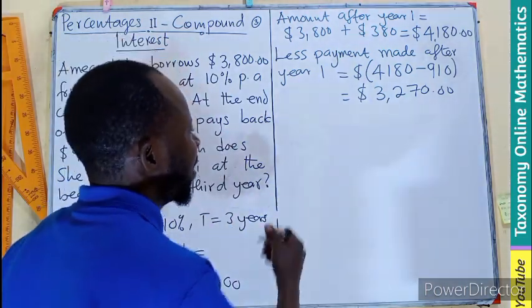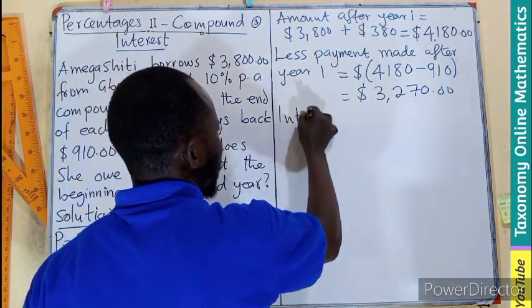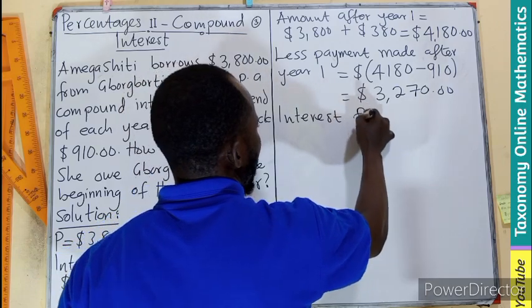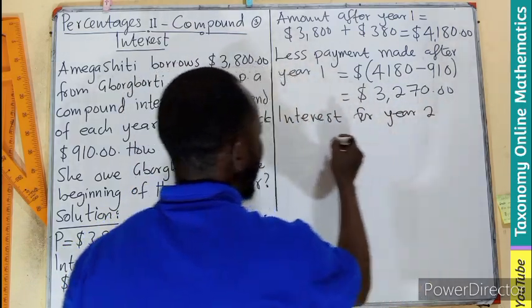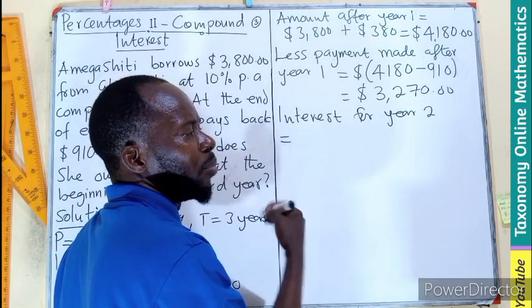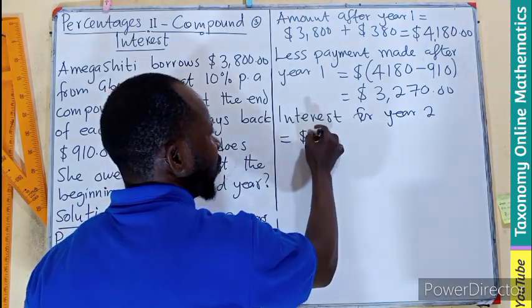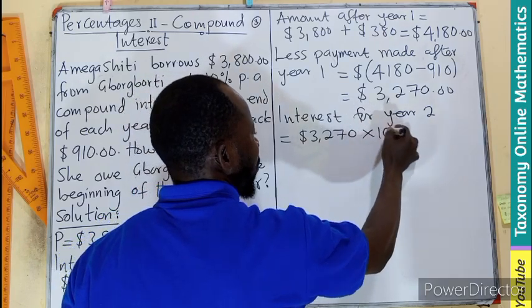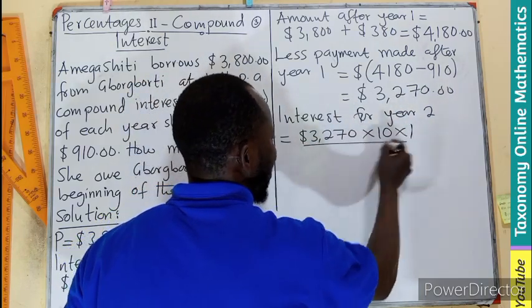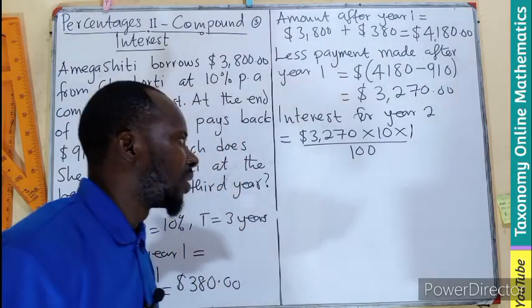So I can say that interest for year 2, or second year, however you want to put it, will be the principal, which in this case will be 3,270 times the rate times 1 year. Remember, the rate is divided by 100.